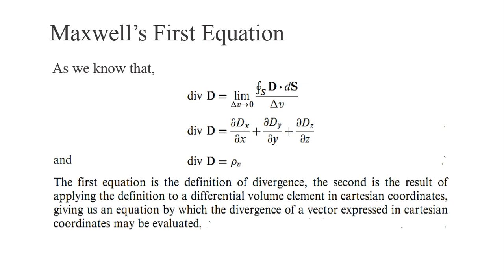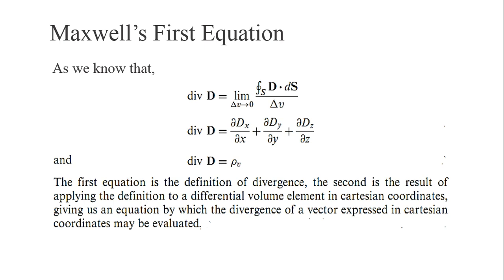Or we can also define the divergence of a vector field D as the total outward flux that is leaving a differential volume enclosed by the closed surface per unit volume as the volume shrinks to zero. This is actually the definition of the divergence. So the first equation is actually the definition of divergence.